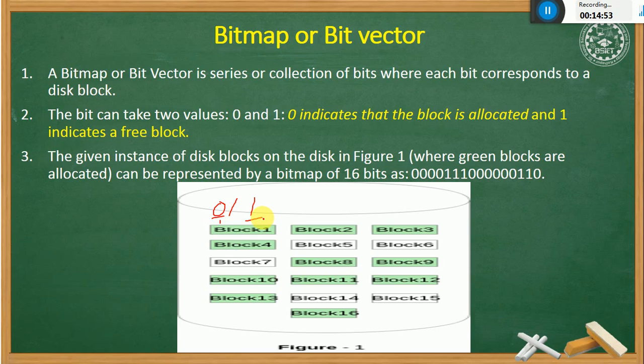So it will create a sequence of bits. Suppose there are 16 blocks inside a disk, then it will be a 16-bit bitmap which gives you information of the blocks. So 0 0 0 indicates that these blocks are used, 1 1 1 not used.